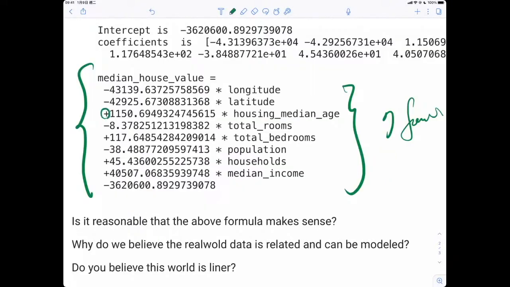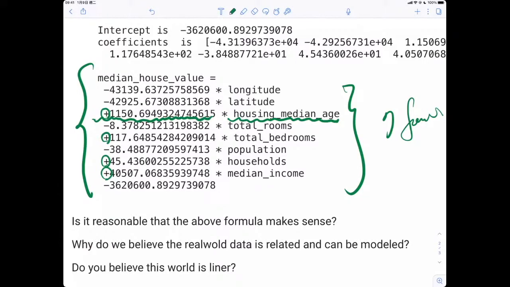The first thing we have to look at is the plus sign. The median house value corresponds to those things. For example, if your housing median age is larger, the median house value will increase.